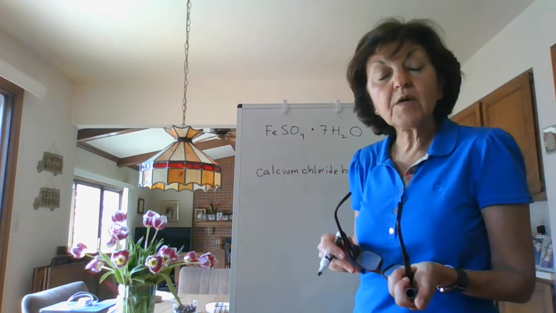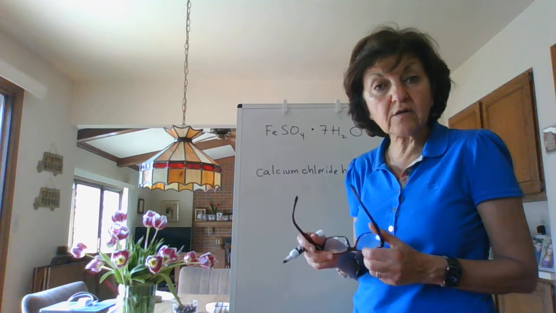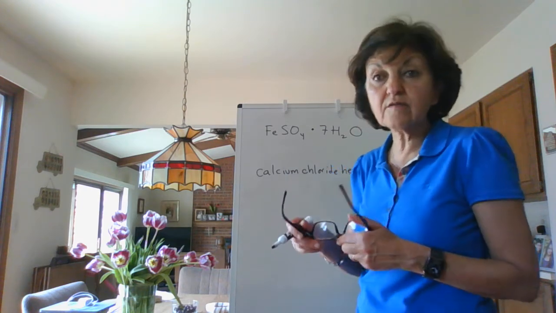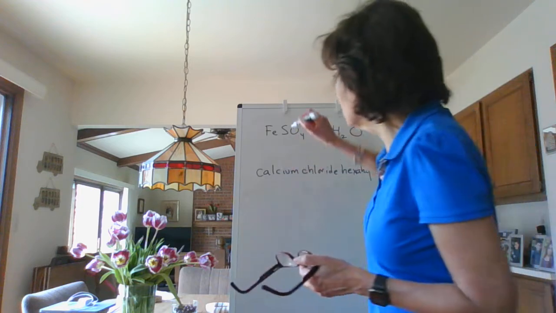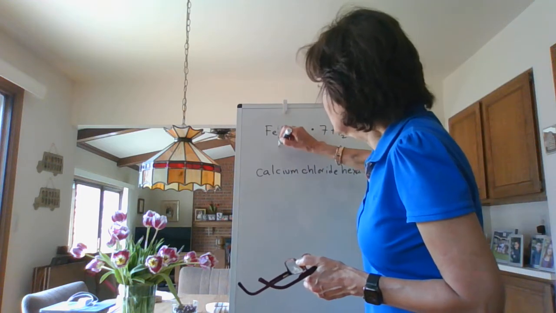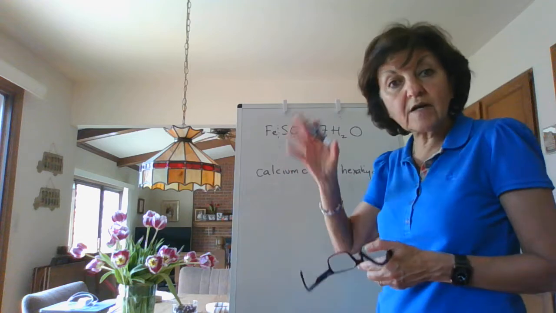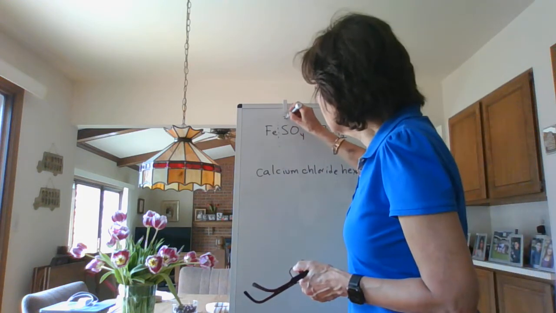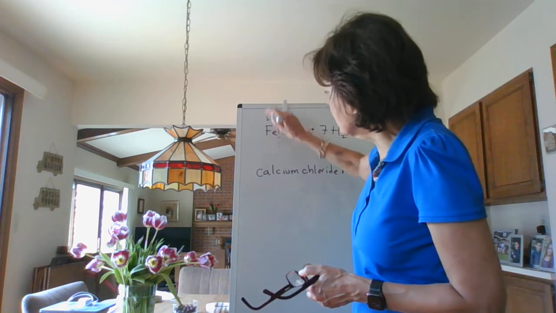Why not? Because iron is a variable charge metal, as we've learned before, and so you have to decide which iron this is. So remember the technique I taught you guys, dotted line, and you see that the sulfate, you've got this memorized, sulfates are always -2. So this is -2, so this has to be +2. I only have one of them.